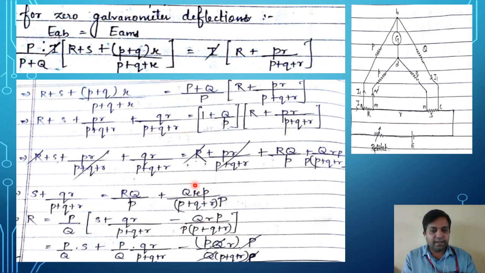If I take this term to that side, it will get minus, so minus QRP divided by this entire term. Then do the multiplication, P by Q multiplied with this entire bracket. So P by Q into S plus P by Q into this term minus P by Q into this term, so that Q will get cancelled, and P and P will get cancelled.